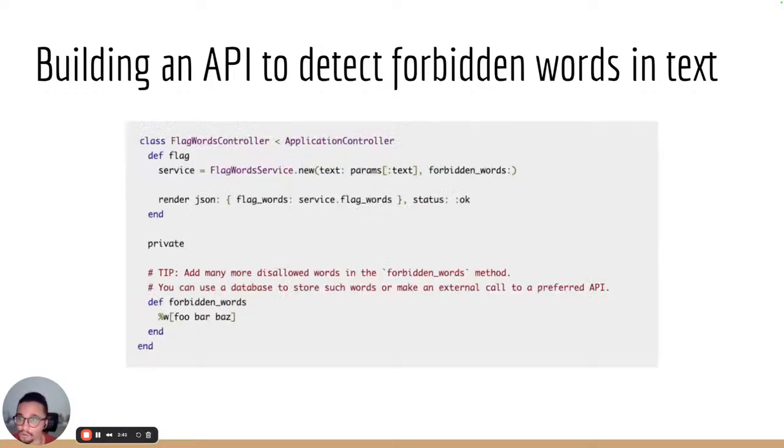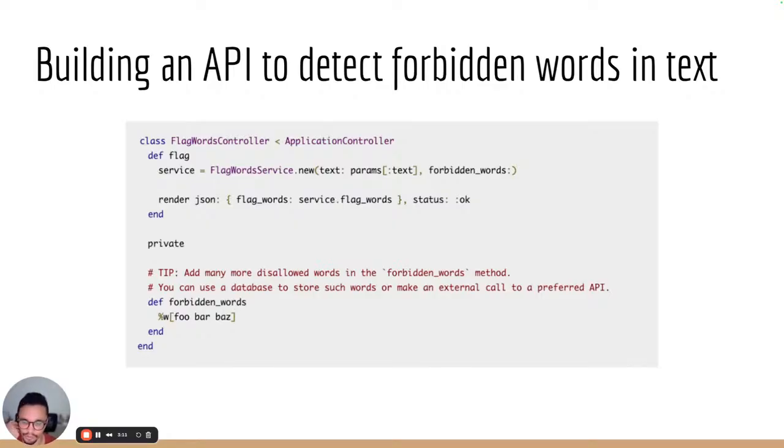This API was developed using the Ruby on Rails framework, with the Ruby language, but feel free to implement it on your own machine using any other language you like. It can be JavaScript, Java, C sharp.